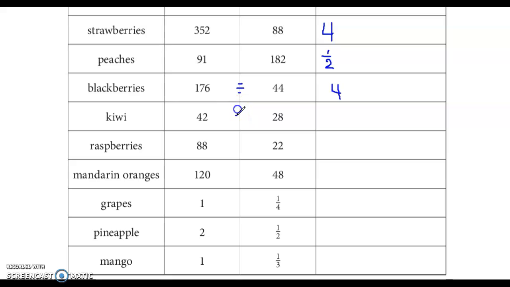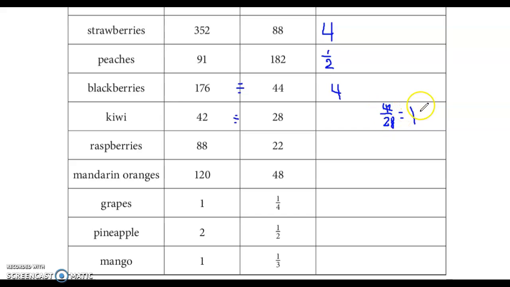For kiwi, 42 divided by 28. This one was a little bit trickier because you had a remainder. This didn't go in equally. So I'm going to rewrite this one as a fraction, 42 over 28. And what I'm noticing is that 28 is going to go into 42 one whole time.